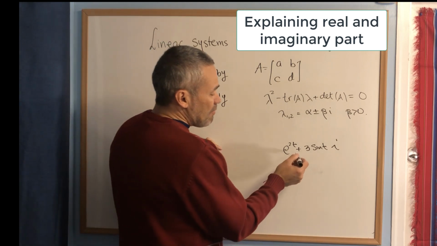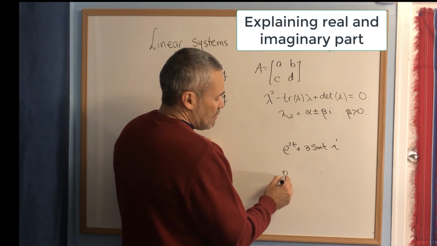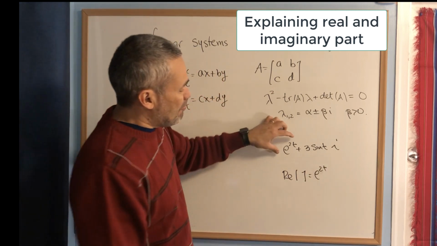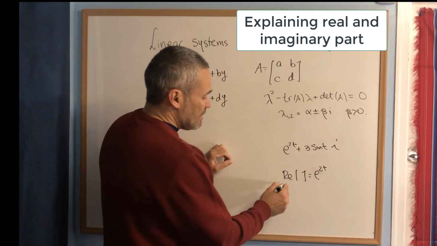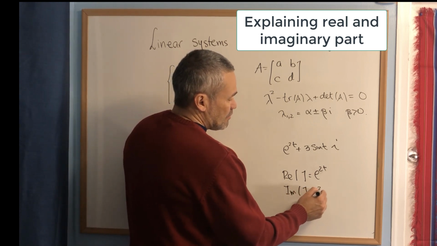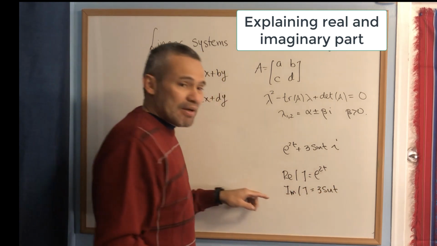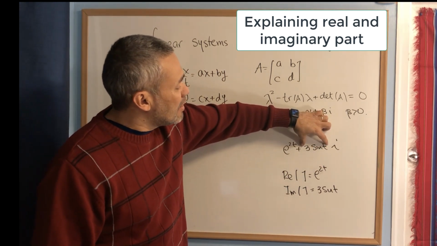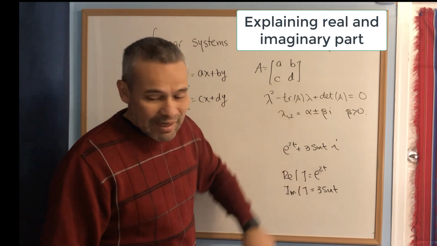The real part is the e to the 2t, the part that doesn't have the i, and the imaginary part would be the 3 sine of t. Remember, the imaginary part doesn't have the i; it is what is next to the i, without the i.